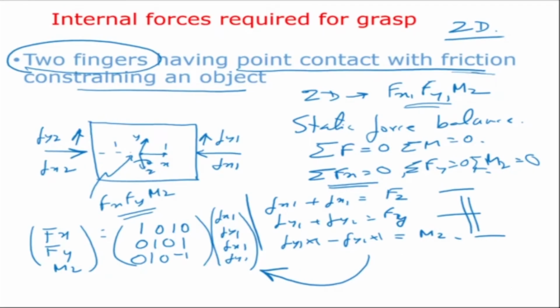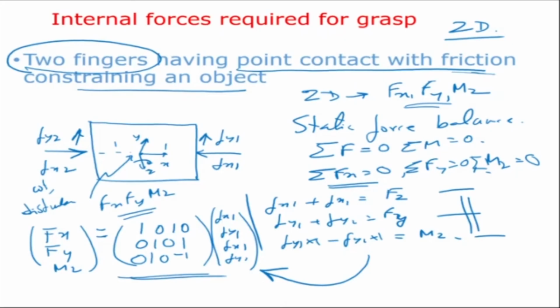On the left-hand side I have the disturbance forces, which also consider the weight of the object. In 2D at most you can have Fx, Fy and Mz as disturbance, so two forces and one moment. This is equal to this matrix times the fingertip forces. I hope you understand this equation.